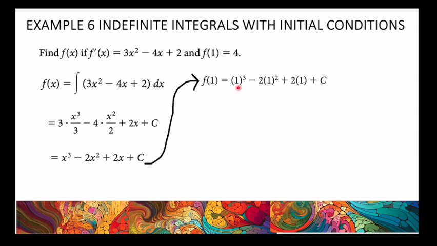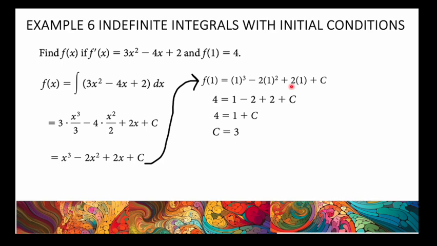So everywhere I see x, I'm going to plug in 1, and then I'm going to put 4 in for my output. So I have 4 is equal to 1 minus, this gives me 2, and then this gives me plus 2 plus c. And all we have to do now is solve for c. So we're going to subtract everything from both sides.